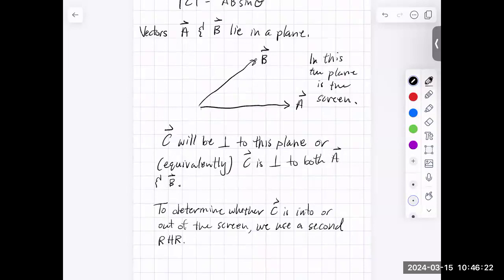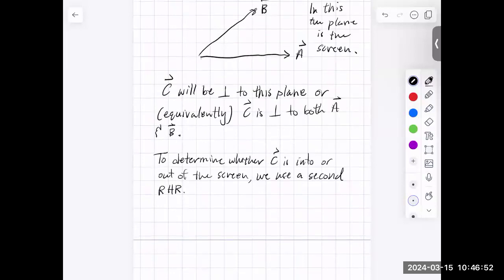And then what I'm going to try to do is I'm going to try to curl my fingers so that they end up being parallel to B. And so B is kind of sloping up a little bit like this. And so I'm going to take my fingers and I'm going to slope them up. And my thumb tells me the direction of C. And so my thumb's pointing out of the screen right now. And so that means C is out of the screen.